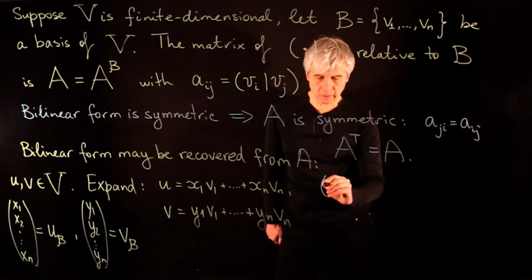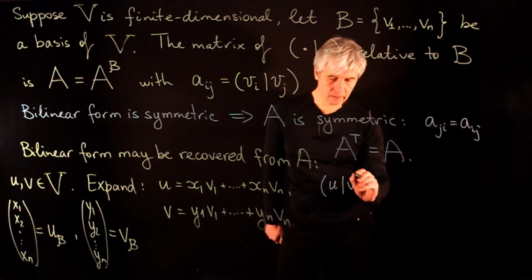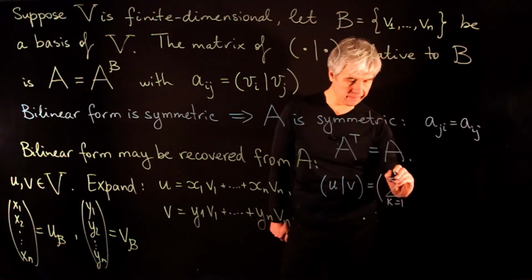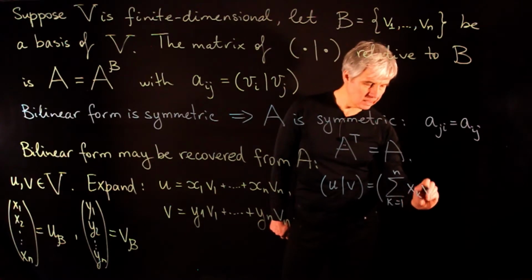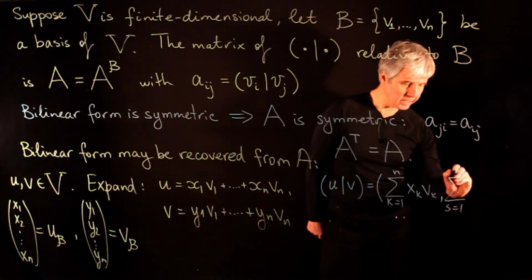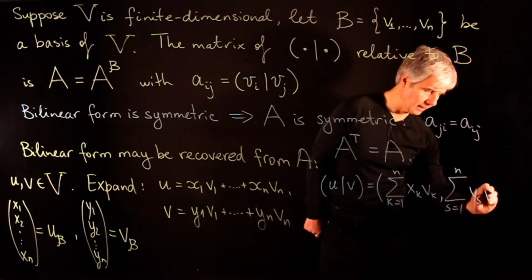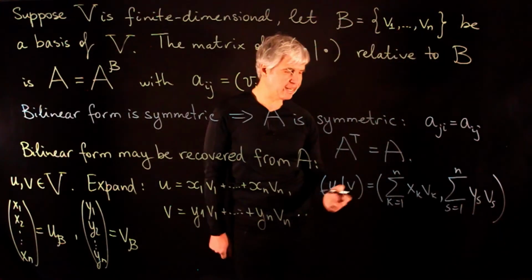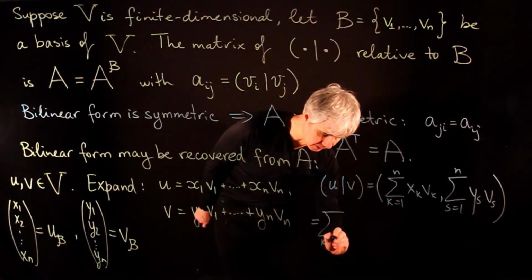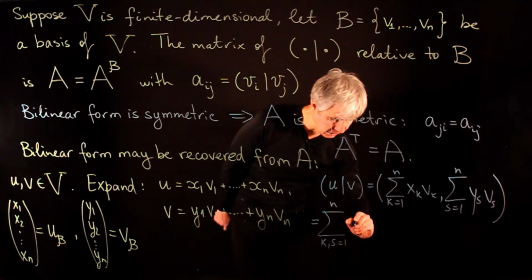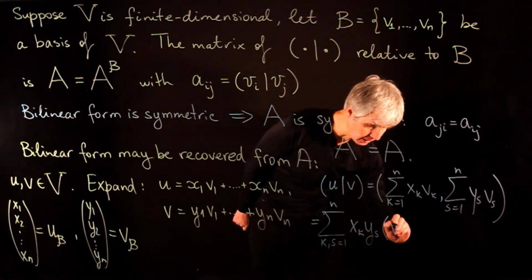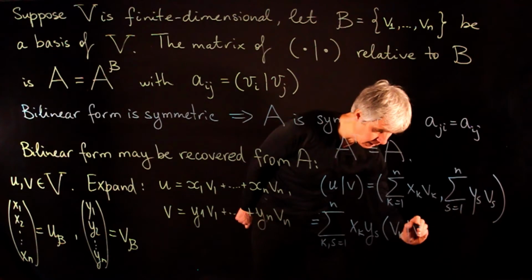Now let us evaluate the form (u, v). So for u we put the sum, k goes from 1 to n, xk vk, and for v we put its expansion, the sum, s goes from 1 to n, ys vs. And then using bilinearity properties, this becomes the double sum in k and s from 1 to n, xk ys times the value of the bilinear form on the basis vectors, (vk, vs).